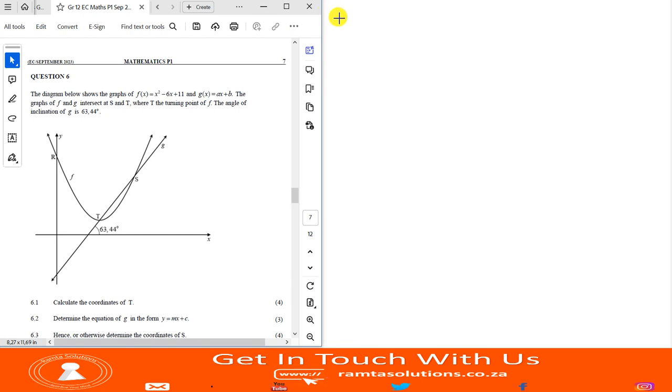Now, 6.2 says determine the equation of g in the form y equals mx plus c. All right, cool. So first thing first, we need to know the gradient. They gave g of x as ax plus b, so you can call it a. What is a?